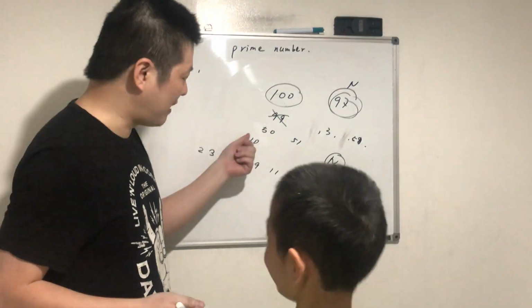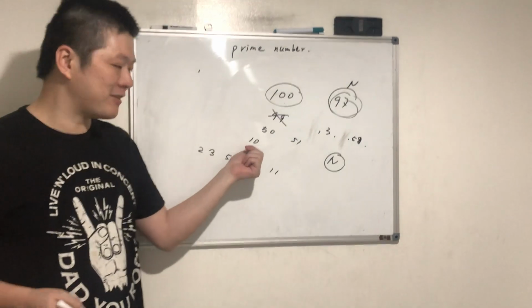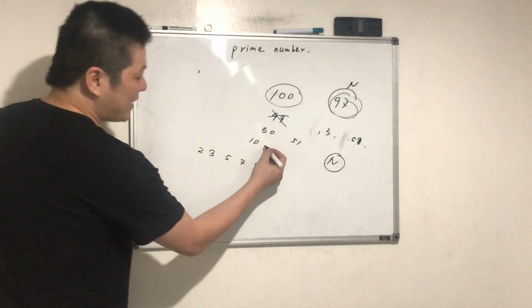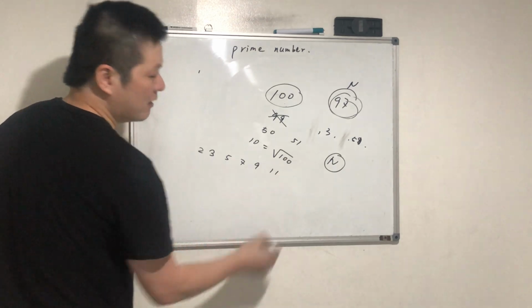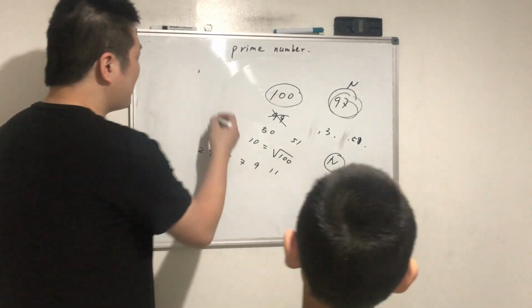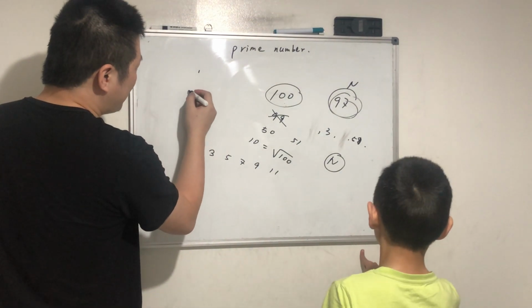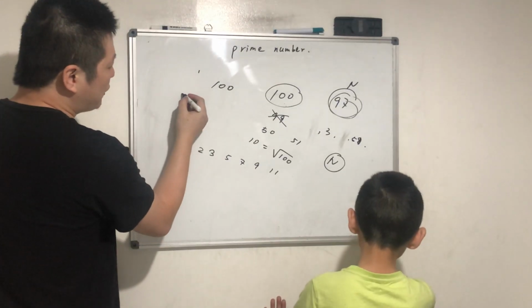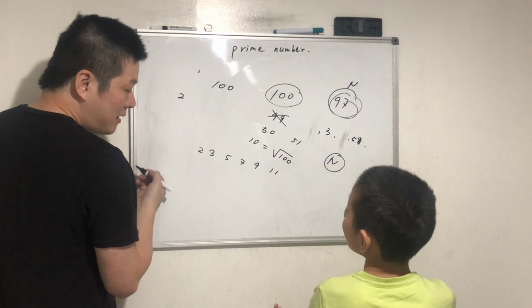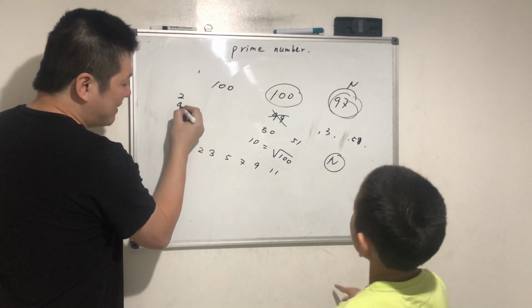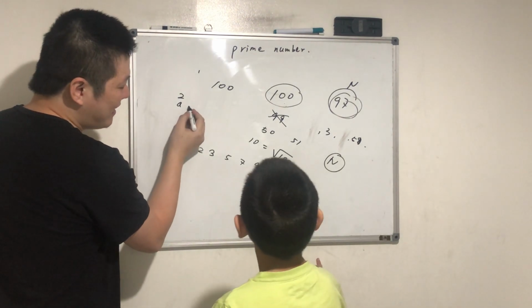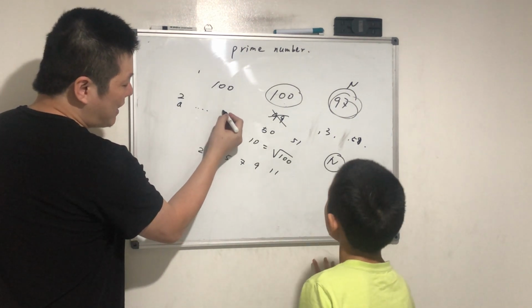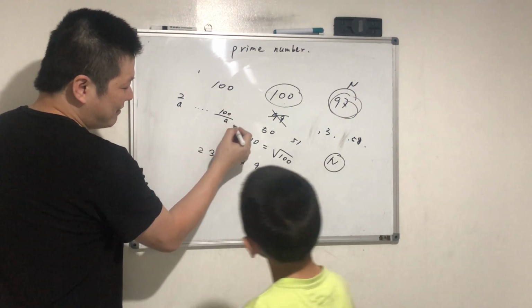That's one solution. But I'm telling you it's 10. 10 is the square root of 100. Why is that? Because if you find the number 2, this is A, there must be a number which is 100 divided by A, which is 50.